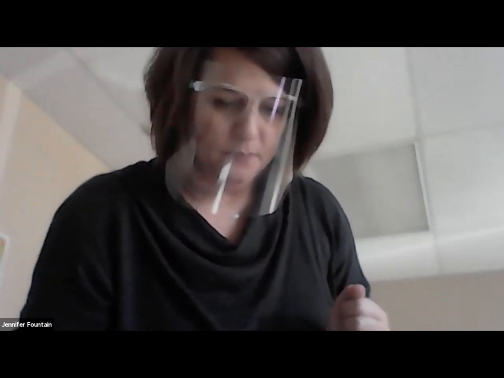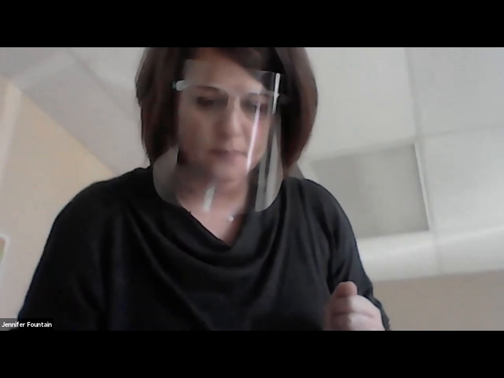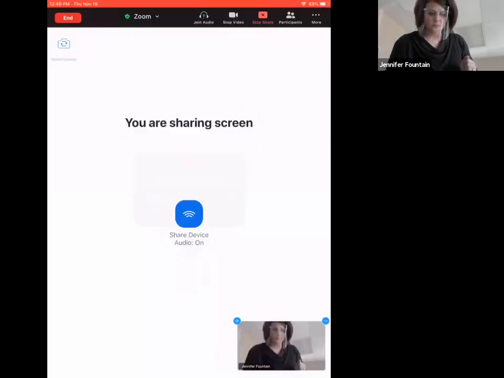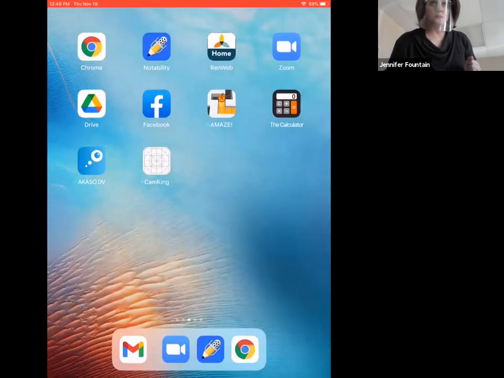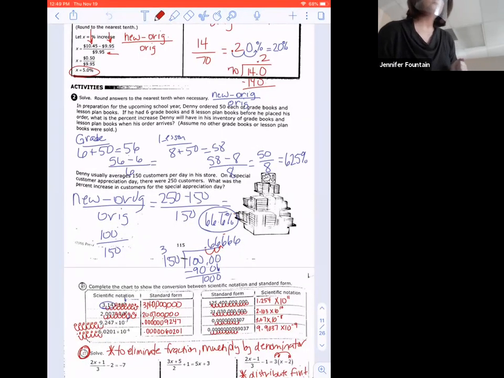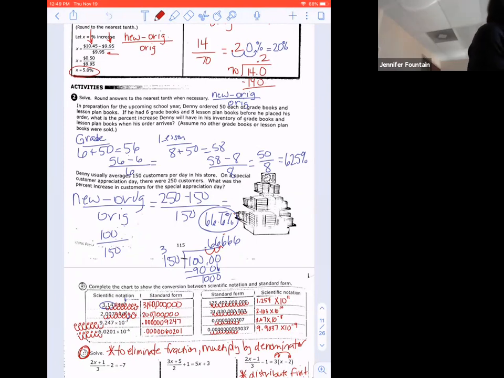Okay, so I guess the first thing that we will do is we will take a look at our homework. Yes, I do need to put it on the stand.